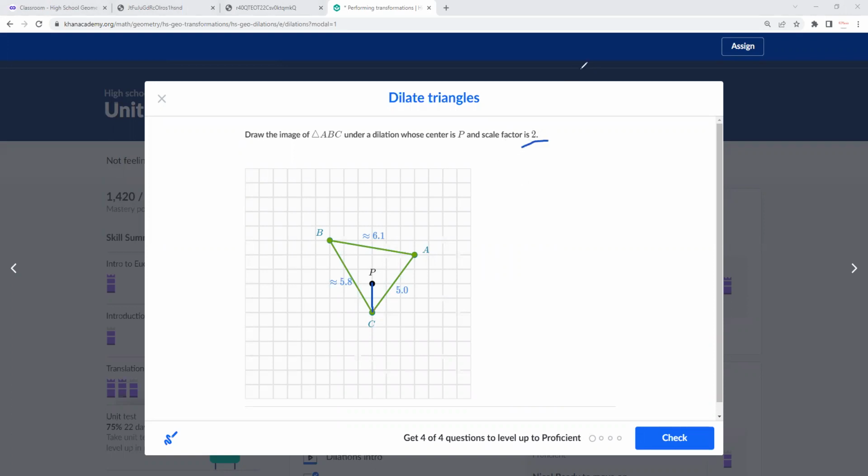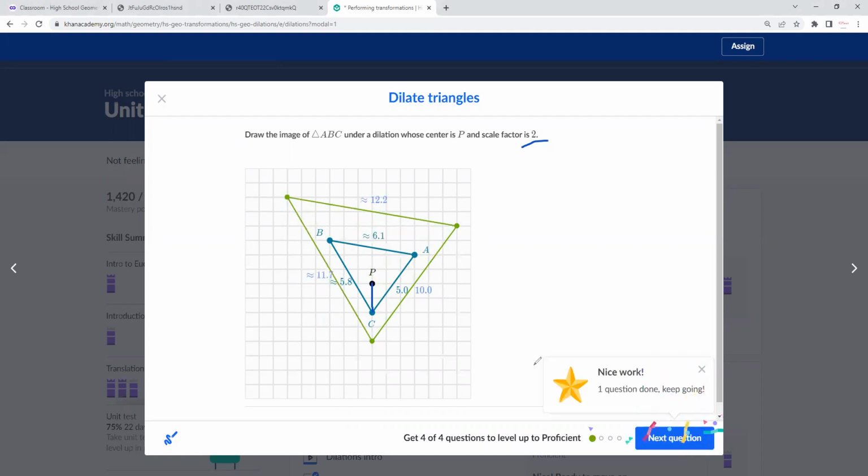Well, 2 times 2 is 4, so it's going to be 4 units down. Point A is 3 to the right and 2 up. It will then be 6 to the right and 4 up. Point B is 3 to the right and 3 up. It's going to then be 6 to the right and 6 up.